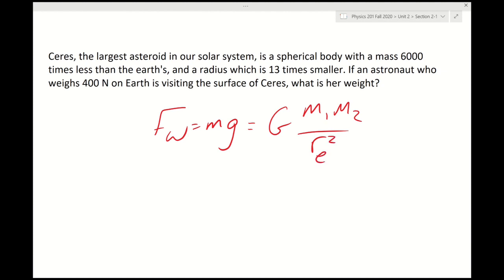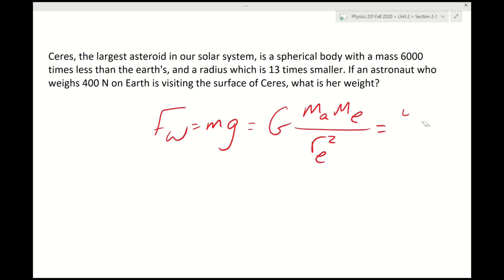Well, we know that the mass of Ceres is 6,000 times less than the Earth. So, mass of Ceres is equal to the mass of the Earth divided by 6,000. We also know that the radius of Ceres is the radius of the Earth divided by 13. So we can do a little bit of substitution here.